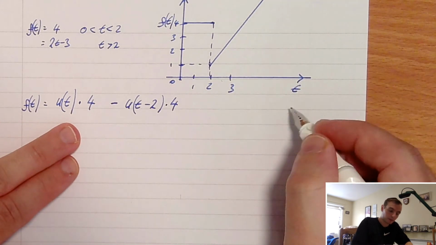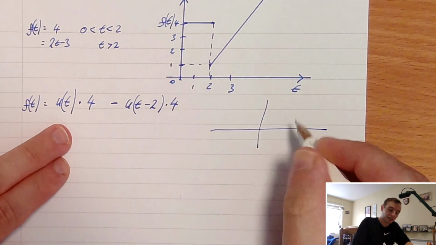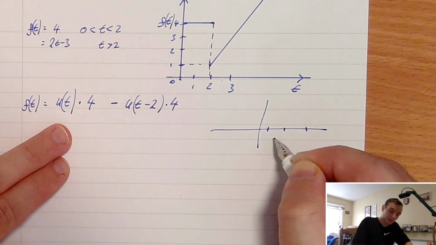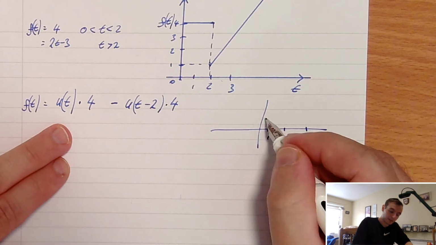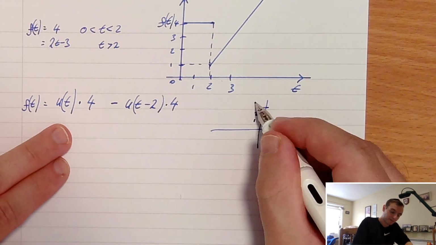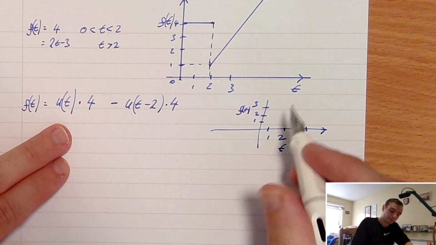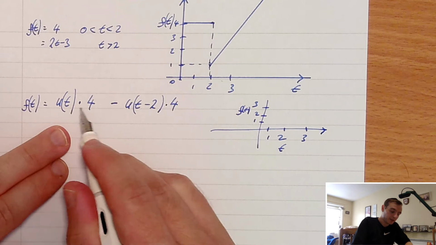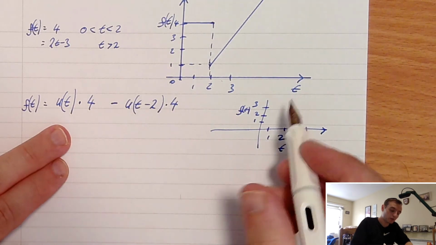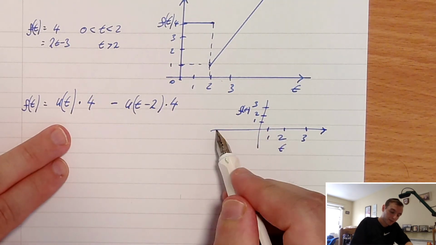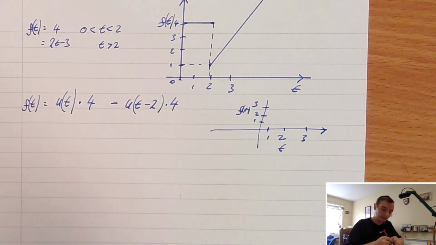So for instance, if we were to draw that function, I know this is probably very straightforward and obvious, but I'm going to do it anyway, just in case it isn't. So we've got f of t over here, and we've got t over here. So that description, u(t) times 4 minus u(t minus 2) times 4, I'll do that in red.